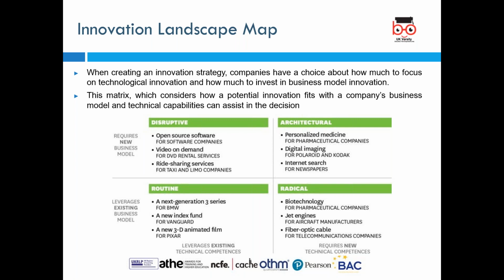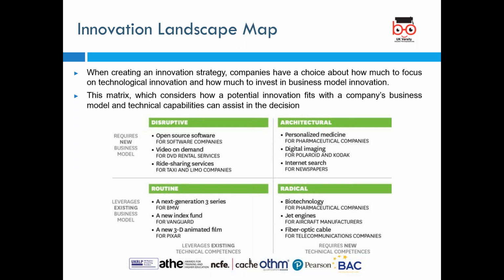We can see in this matrix we have 4 blocks, where the first is the disruptive features. Then we have architectural, routine, and the radical. Depending on how we're going to implement this technology, we're going to look into these components.